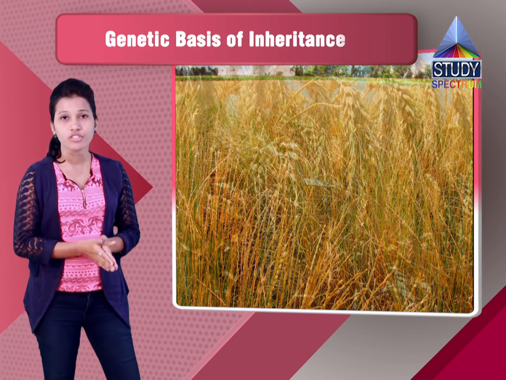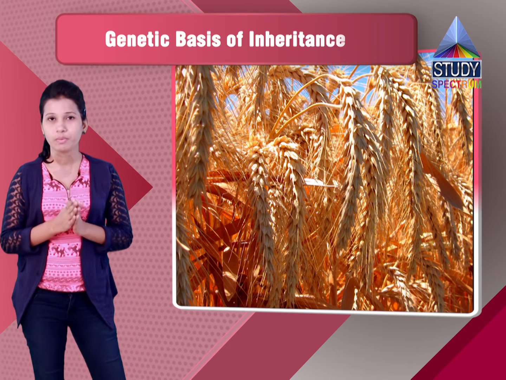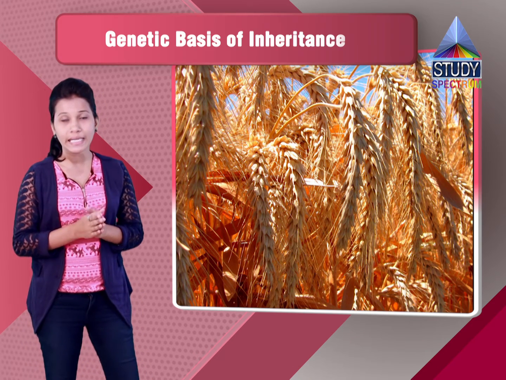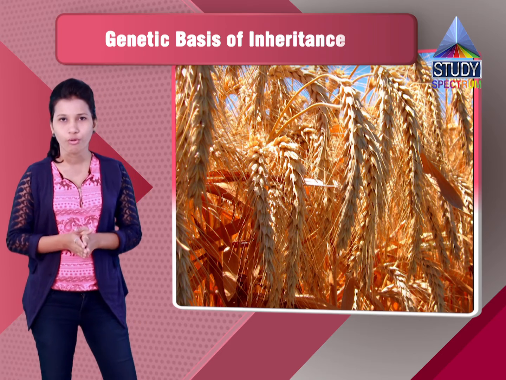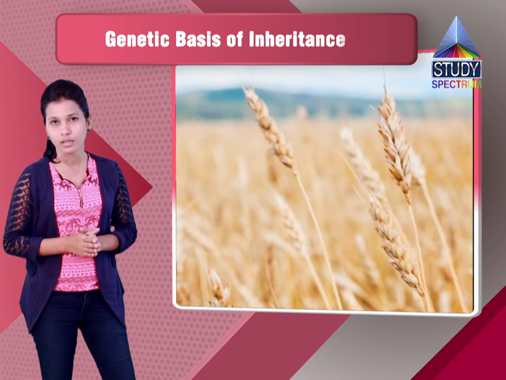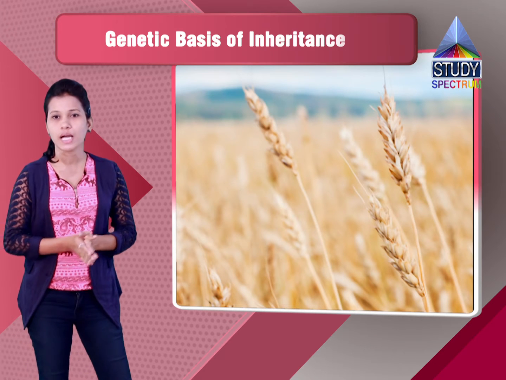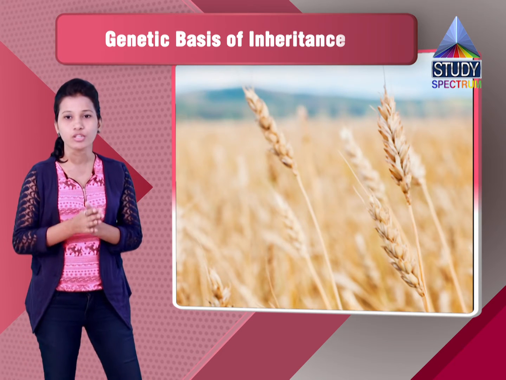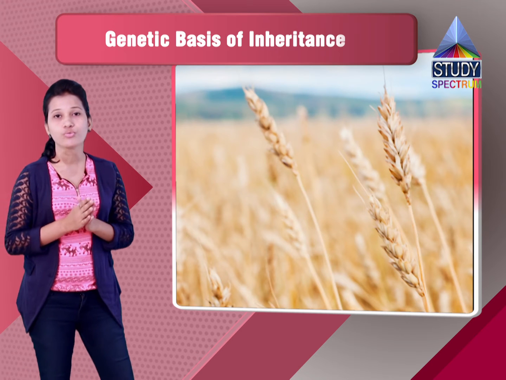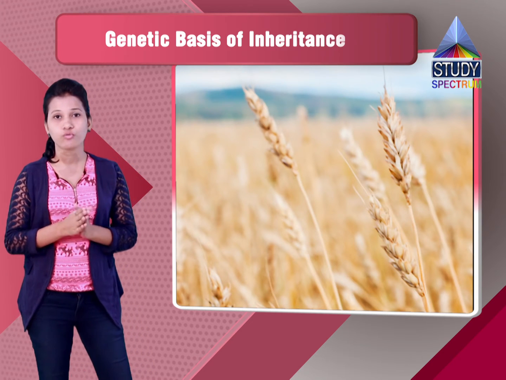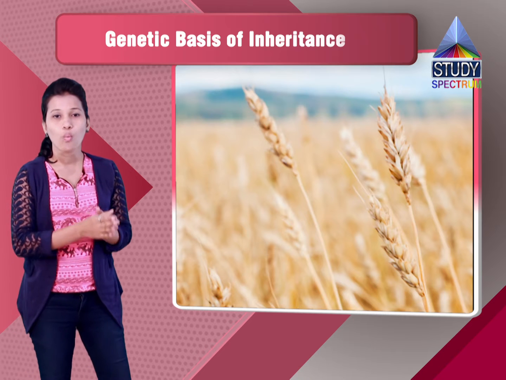Then we can see intermediate red color kernel will be there, which will be 6. There will be light red color kernel, which will be 4, and then the white color kernel, which will be 1. So the phenotypic ratio here is 1 darkest red to 4 medium red to 6 intermediate red to 4 light red to 1 white.